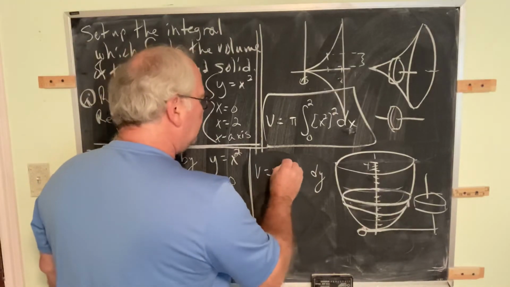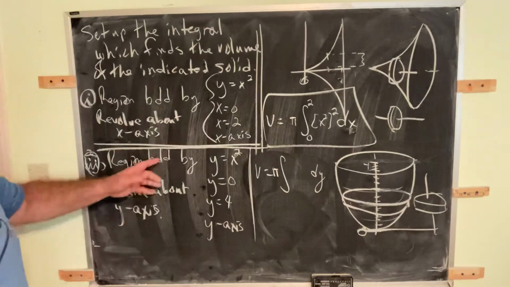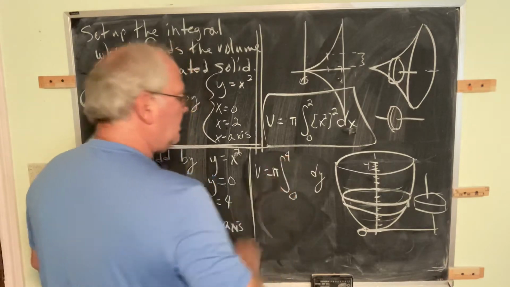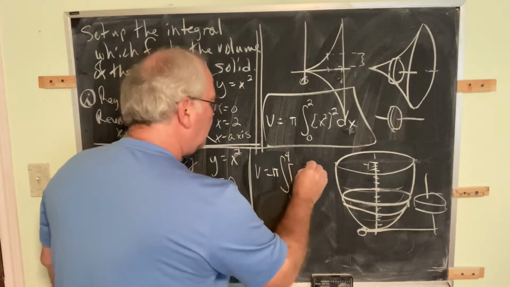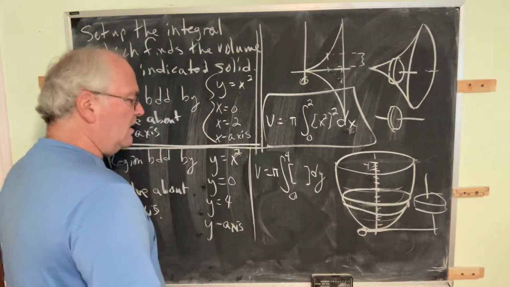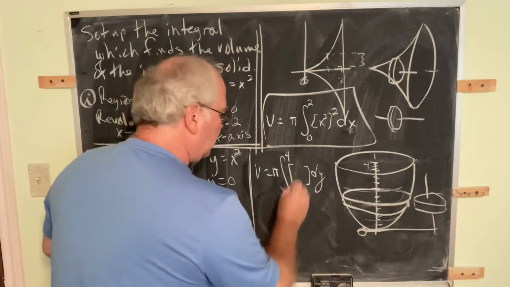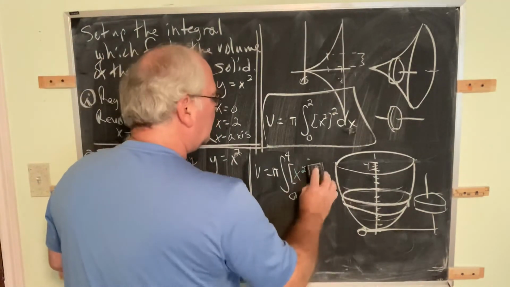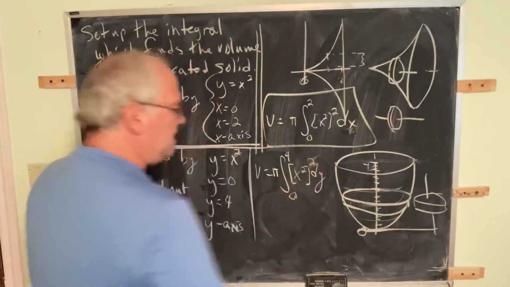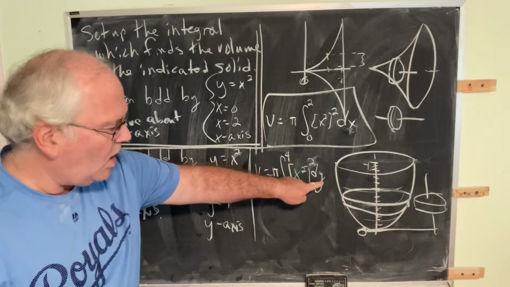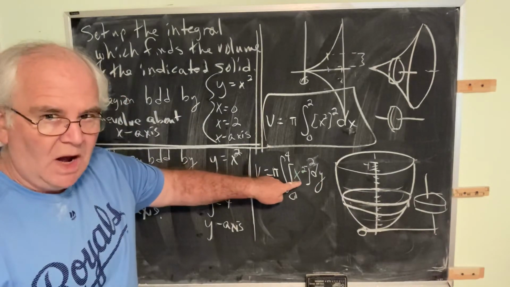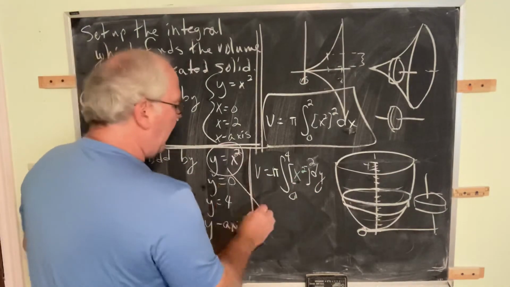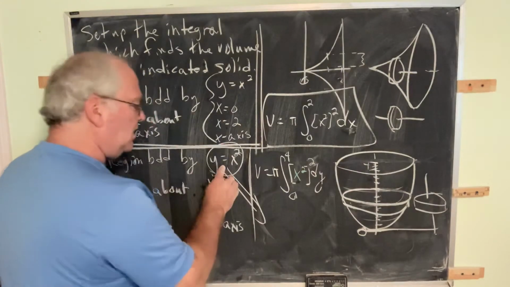So we need pi. Now the interval of partition is on the y-axis going from 0 to 4. But I need the radius squared. Watch, what I'm going to put here in the green is not correct. Well, the squared's correct, but this is not correct because this is a y integral. This variable needs to be y. If this is a y integral, then you need to take this function and solve for the other variable.